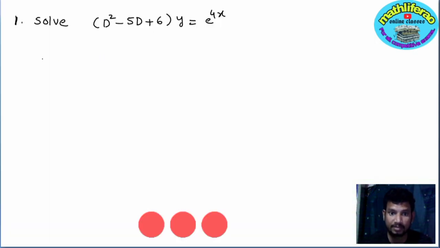Here given that solve the equation D square minus 5D plus 6 into y equal to e to the power 4x. First మనం కాంప్లిమెంటరీ ఫంక్షన్ ఫైండ్ అవుట్ చేయాలి. ఆఫ్టర్ దట్ మనం పర్టికులర్ ఇంటిగ్రల్ ఫైండ్ అవుట్ చేయాలి. ఎందుకంటే జనరల్ సొల్యూషన్ y ఈక్వల్ టు yc ప్లస్ yp.